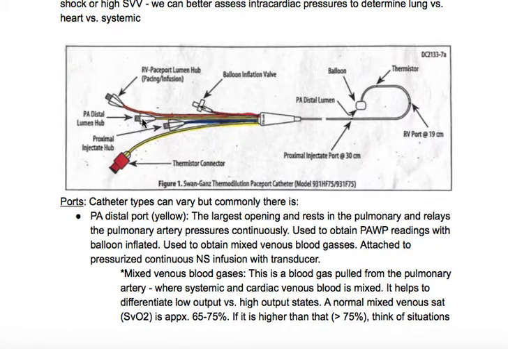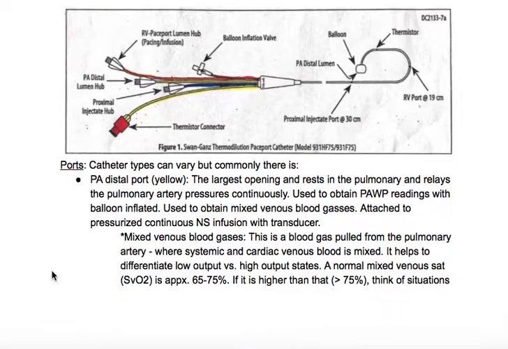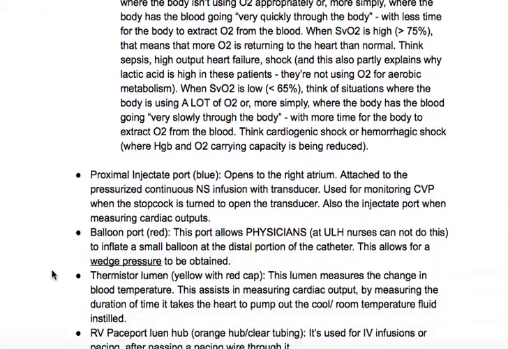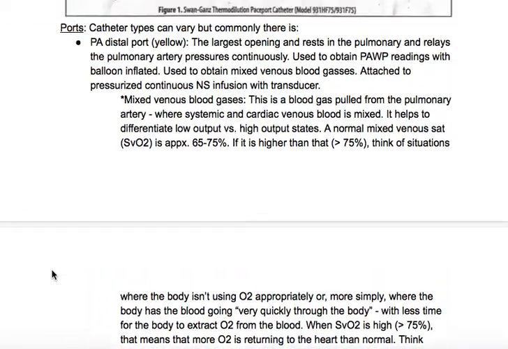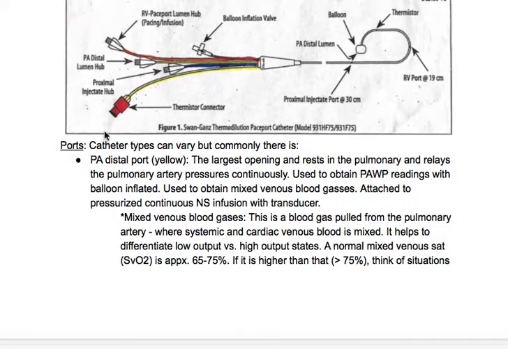The PA distal lumen is where we can get the mixed venous blood gases, and which portion of the catheter actually gives us the number of the wedge reading, if that makes sense. So the balloon inflation valve is where the syringe goes and where the physicians will inflate the balloon. The thermistor lumen, or the yellow lumen with a red cap, sorry, I keep going back and forth, up here, this lumen.